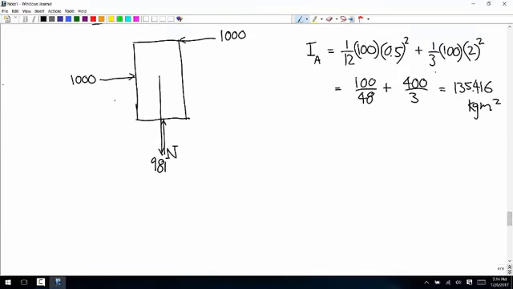Now we have to figure out the moment for each of these four forces. So what about the normal force? What's the moment produced by the normal force? Well, the way you calculate that moment is it's the force times the distance from the axis to where the force is applied. The axis is here, right?